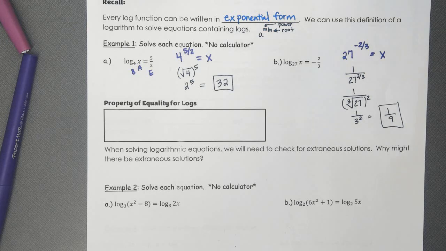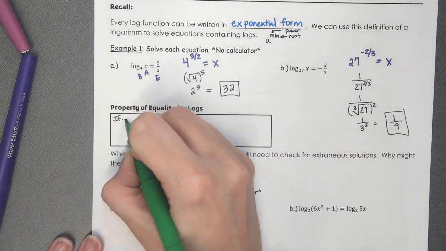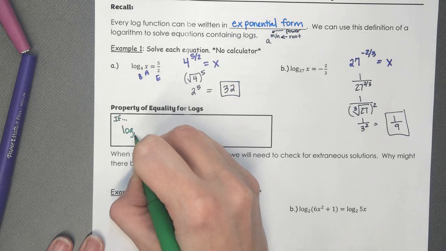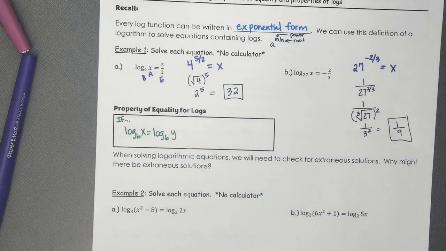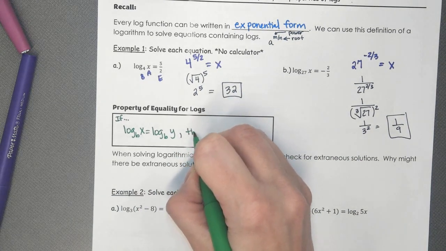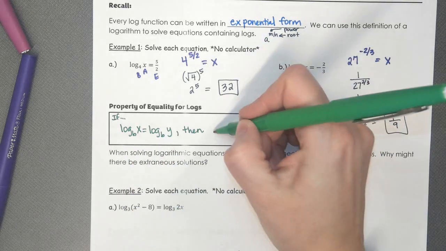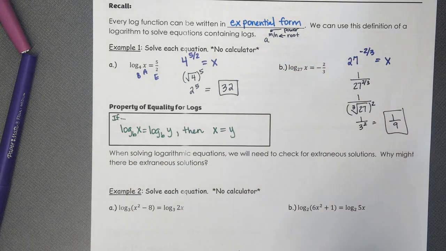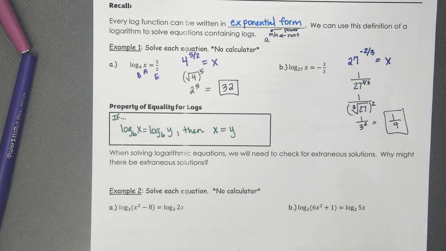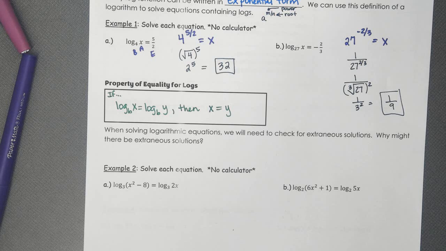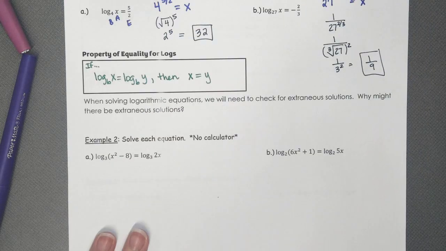So with logs, if the logs have the same base, so if you have log base b of x equal to log base b of y, then whatever the logs are of will be equal. So then x is equal to y. So this is the property of equality for logs. If the log bases are the same, whatever the logs are of, you can set equal to each other.